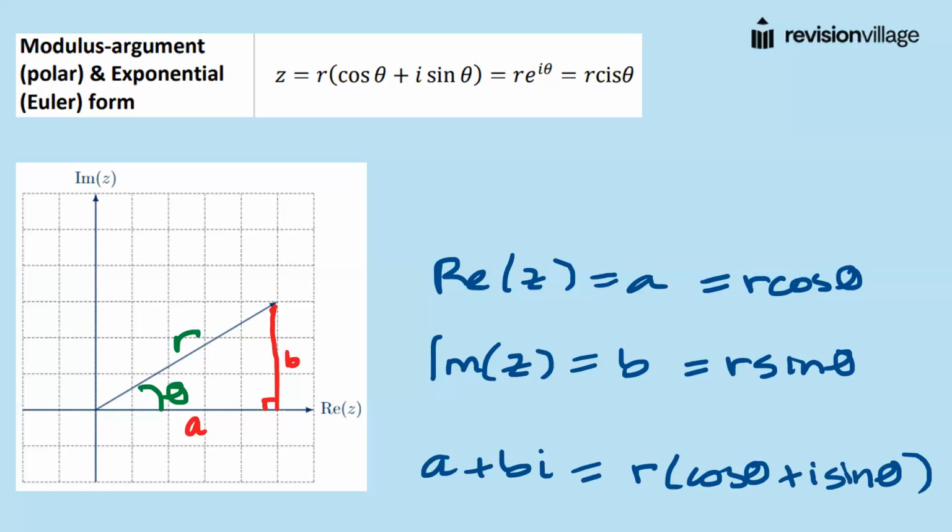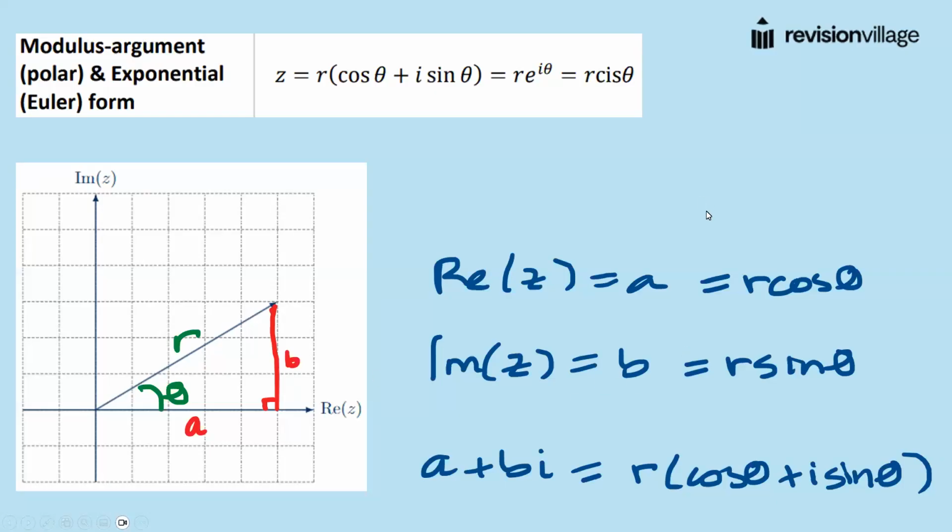So polar form is actually just writing it in rectangular form, but writing the real part and the imaginary part as ratios of the sides in a triangle, as opposed to a movement of a certain number of units to the right of the origin or up from the origin.